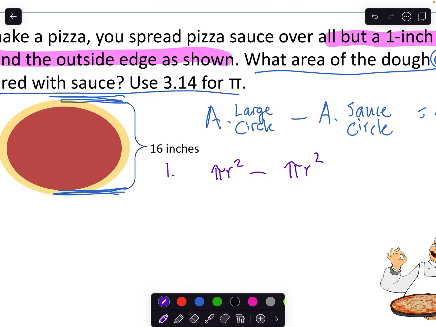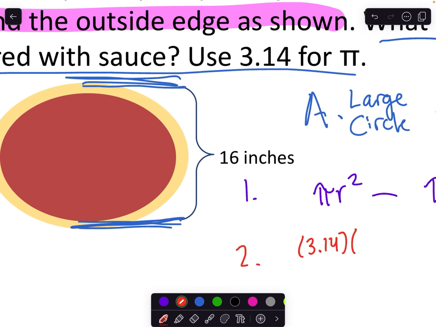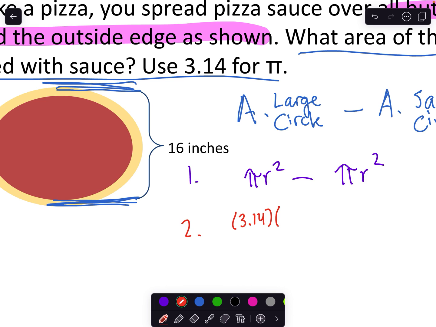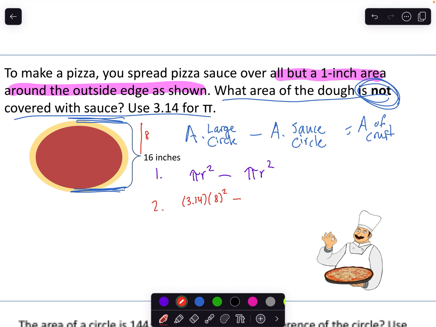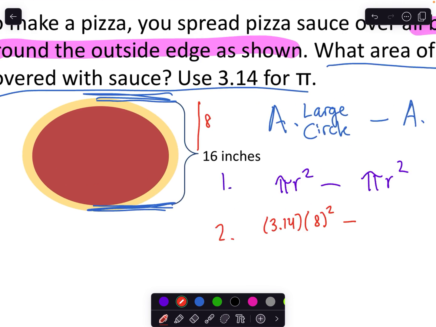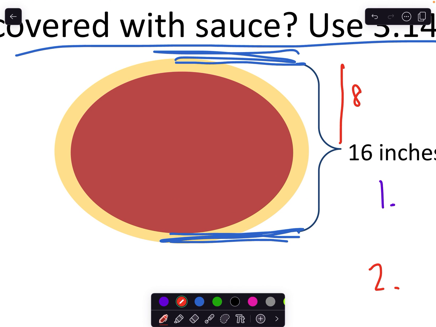This is my step 1. My step 2 would be 3.14 times, if the whole diameter is 16, then half of that would be 8. So I'm saying 8 squared minus, I need to think about just the sauce circle. The key is there's a 1-inch area around the outside edge. So if this whole thing is 16, this would be 1 inch.